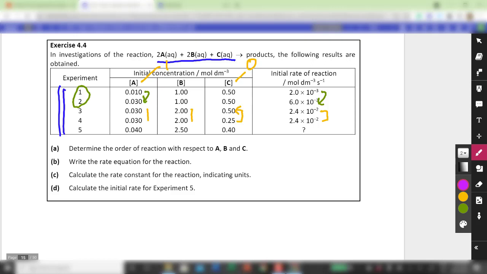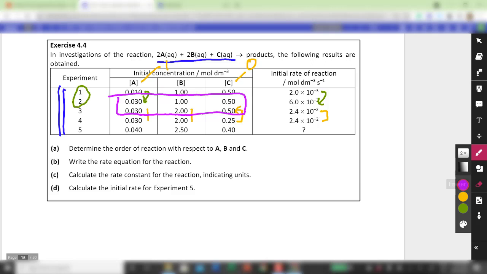Okay, so I think for B it might be a little bit simpler because in this case we kept A and C constant at 0.03 and 0.5 respectively. But we doubled the concentration of B from 1.00 to 2.00.